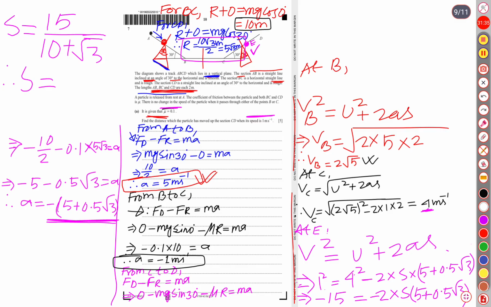along the plane CD is going to be S is equal to 15 over 10 plus square root over 3, that is 1.277.